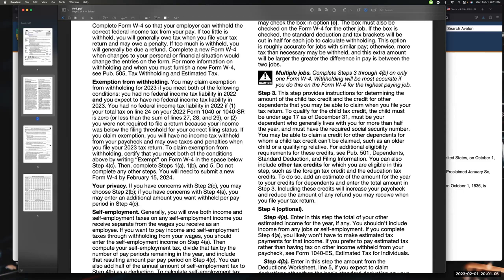You had no federal income tax liability in 2022 if, one, your total tax on line 24 on your 2022 Form 1040 or 1040 SR is 0 or less than the sum of lines 24, 28, and 29, or 2, you are not required to file a return because your income was below the filing threshold for your correct filing status.